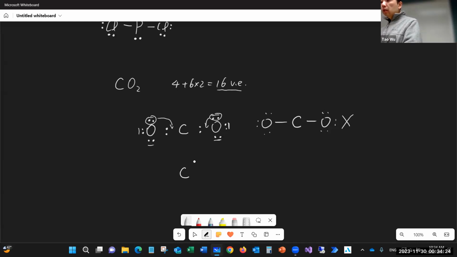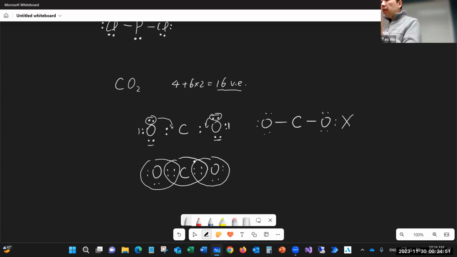Then you will see something like that. Makes sense, right? So now you can see oxygen over here still has 8 dots. This oxygen still has 8 dots. And the central atom, the carbon, has 8, right? 4 on the left side, 4 on the right side.